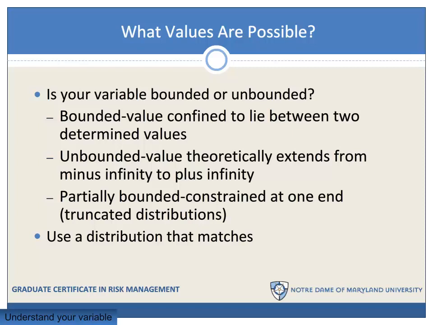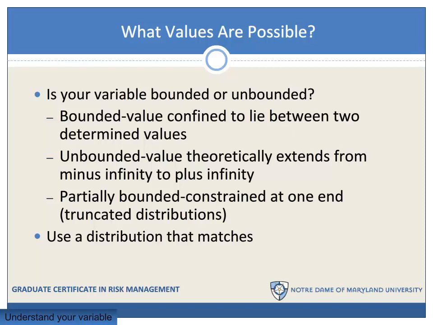So if there is a logical minimum and a logical maximum, for example, if we were talking about what percent of oysters have pathogenic Vibrio in them, it's not going to be less than 0%, it's not going to be more than 100%. So that variable lies between 0 and 100%, or 0 and 1. There is this logical limit.